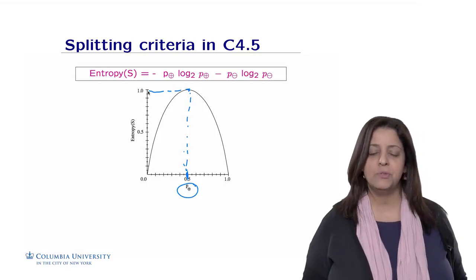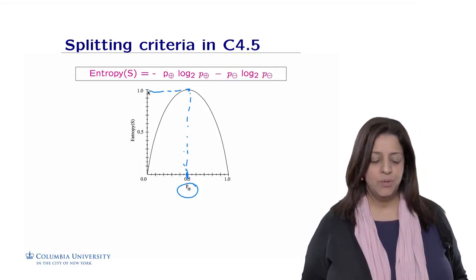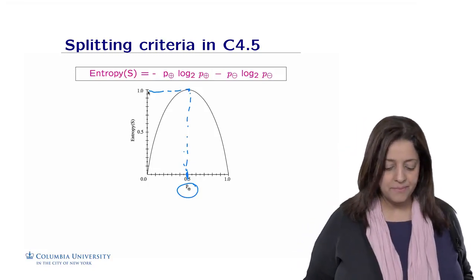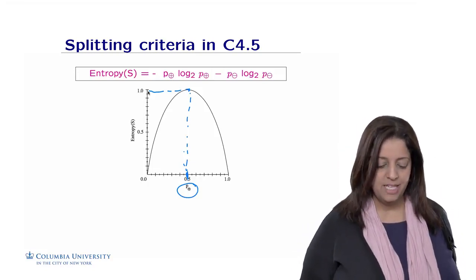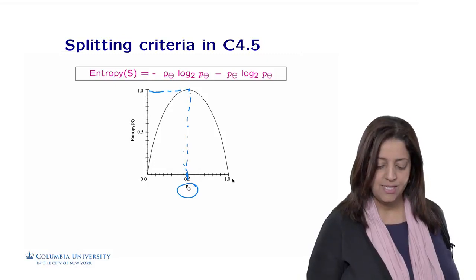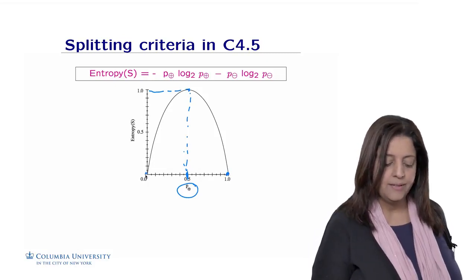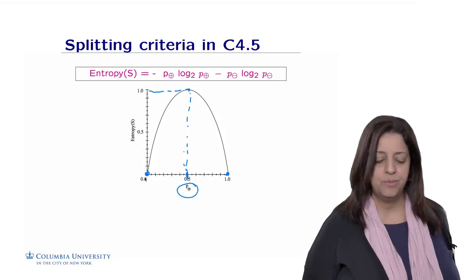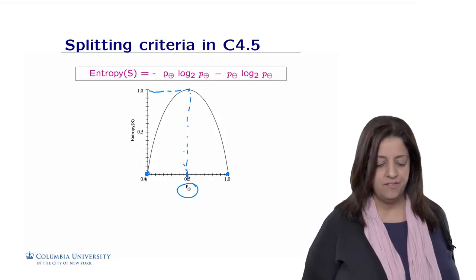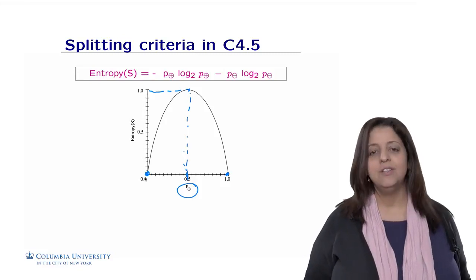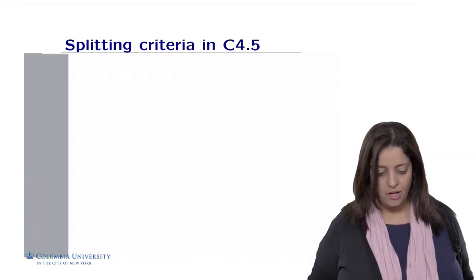This corresponds to the criteria that we are looking for in a function that could help split the data. The function is at its minimum whenever we have a pure node. This is at this point here where we have only positive examples, or at this point here where the proportion of positive examples is 0, which means that we only have negative examples. So this is the perfect function to measure the purity of nodes.